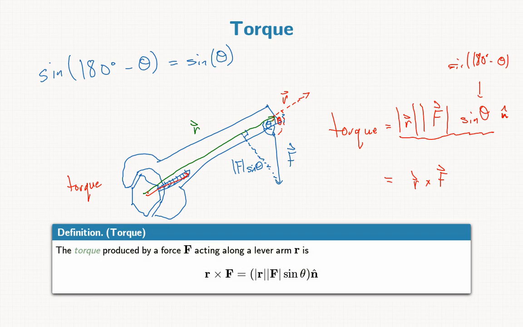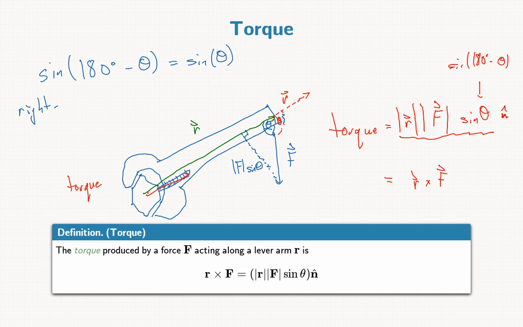So in summary, whenever we have a force F acting on a lever arm R, their torque we define to be the cross product R cross F. And in this context, the right-hand rule is interpreting that we turn clockwise.